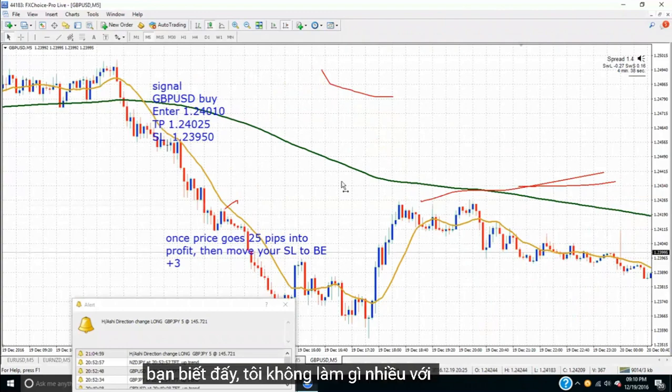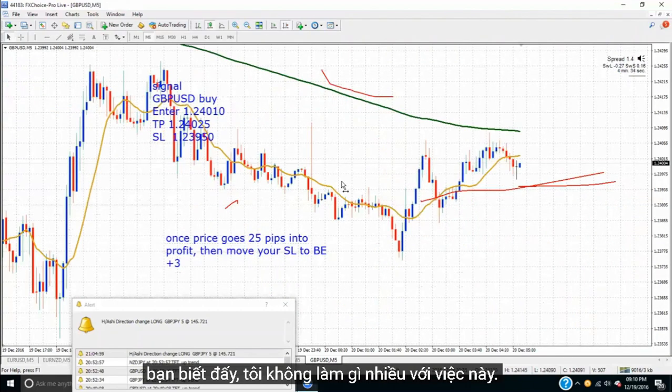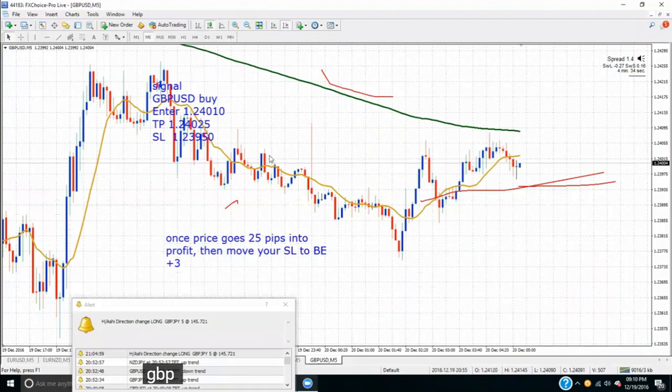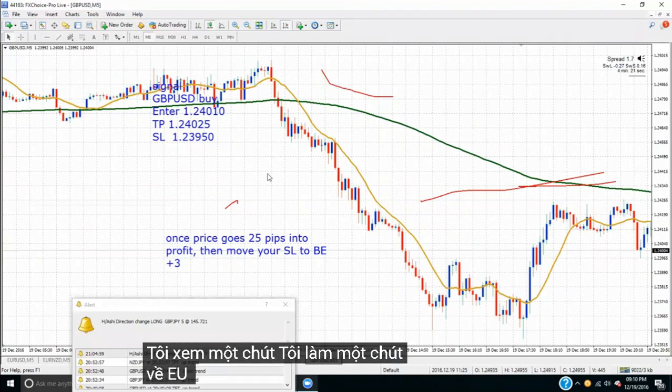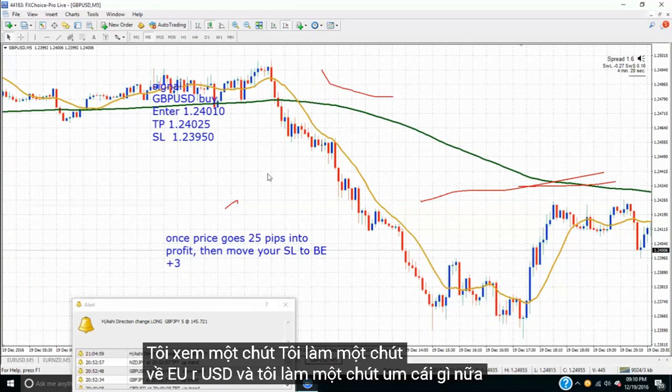I don't mess with this a lot. I wait on it to cross, and I mainly stay in GBP USD, GBP JPY. I do a little bit of EUR USD, and I do a little, what else?